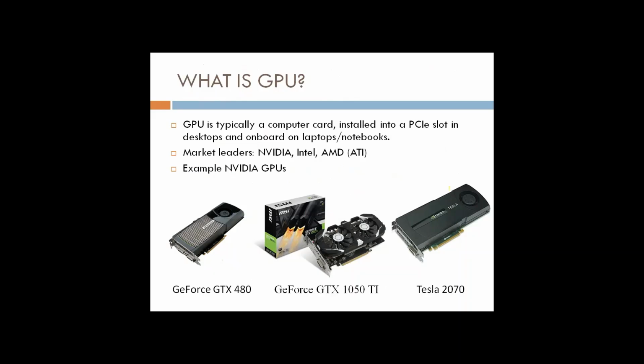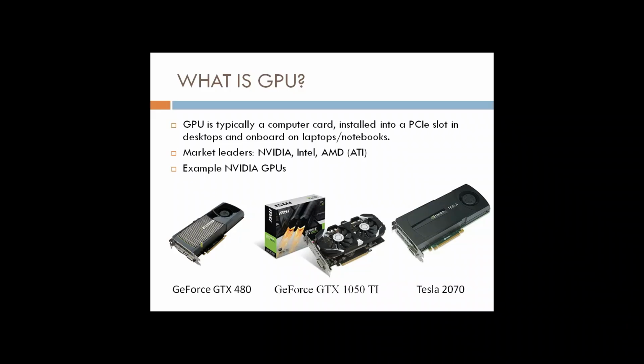So a GPU is typically a computer card. If it is a desktop PC, it is installed into the PCIe slot, and if it is on a laptop or notebook, it is on board, right? The market leaders in GPUs are NVIDIA, Intel or AMD.